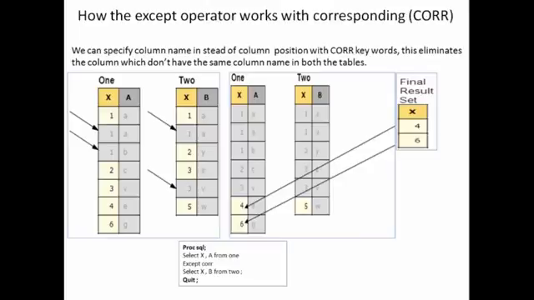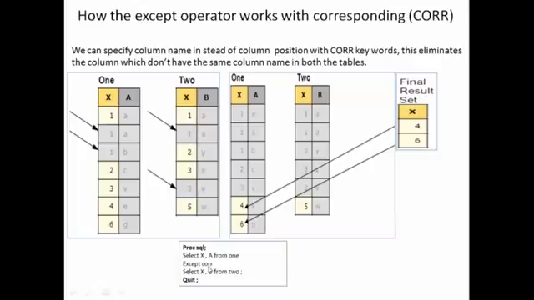We have been discussing that SQL is position-based, but there are options in SQL wherein you can convert from position-based to variable-based, and that happens through the corresponding option, CORR.